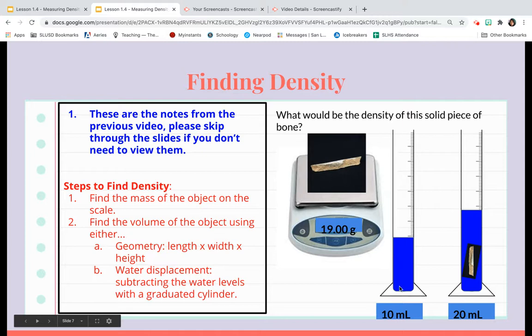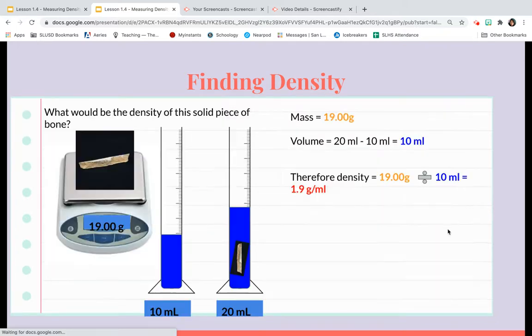So here, the starting volume without the bone is 10 milliliters. After you drop in the bone, it is 20 milliliters, right? So I need to subtract these two numbers, 10 and 20, in order to find the volume. So when I'm doing it mathematically, I know that my mass is 19 grams.